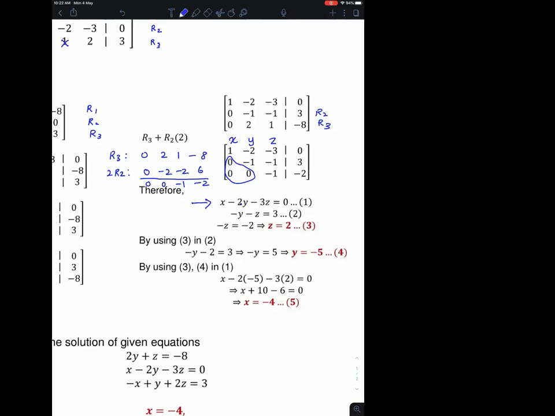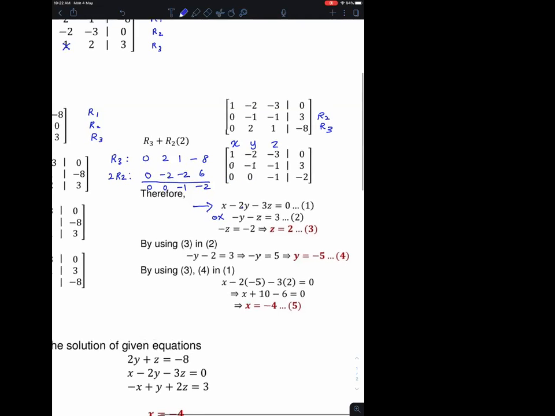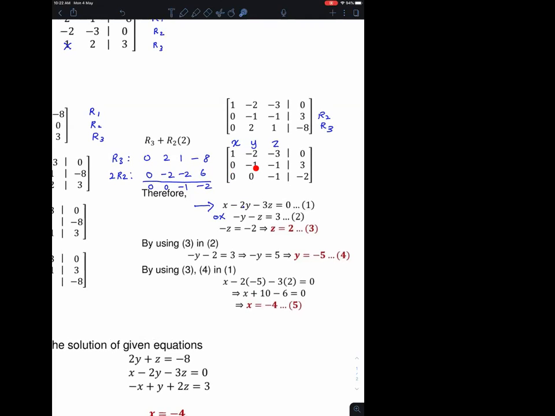From the first row, you will get x minus 2y minus 3z equal to 0. From the second row, there's a 0x, so 0x minus y minus z equal to 3.